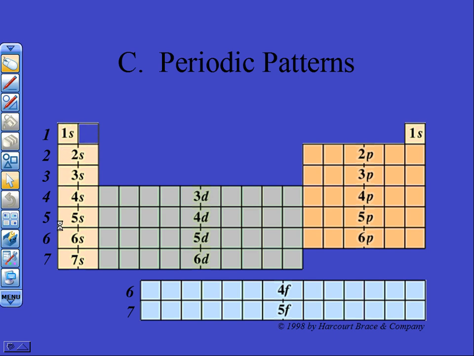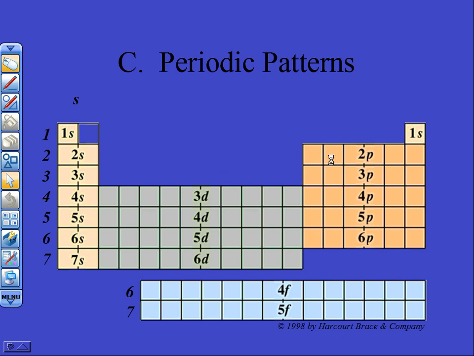So everything in this first family, known as the alkali metals, they all end in s1. Some of them end in 2s1, 3s1, 4s1, 5s1, 6s1, or 7s1. But in the second blank they would end in s2. So this would be 2s2, 3s2, 4s2, 5s2, 6s2, 7s2.